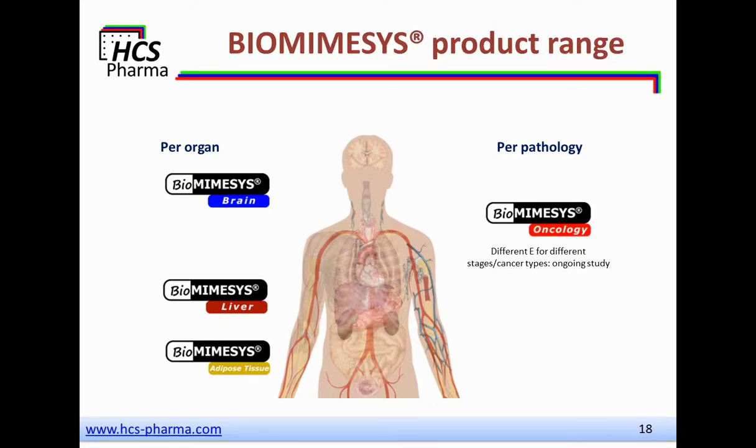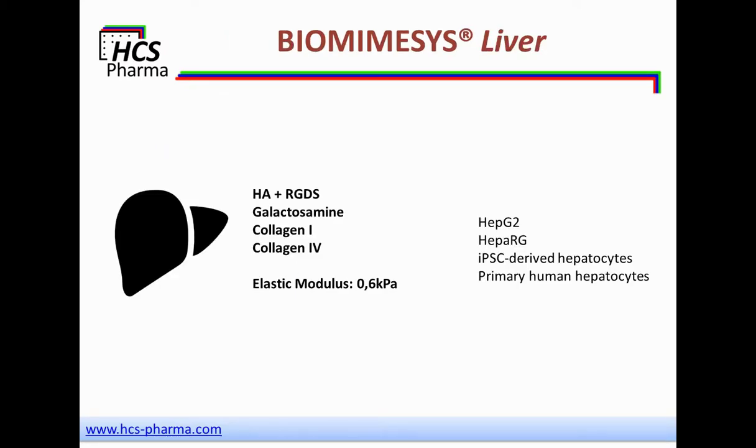We have developed four products: at first per organ, we have Biomimesis brain, Biomimesis liver, and Biomimesis adipose tissue. And per pathology, we have Biomimesis oncology used for different stages of cancer. And now I let Elodie present some proof of concept and biological results with Biomimesis technology.